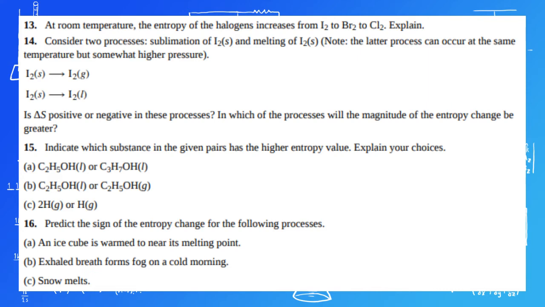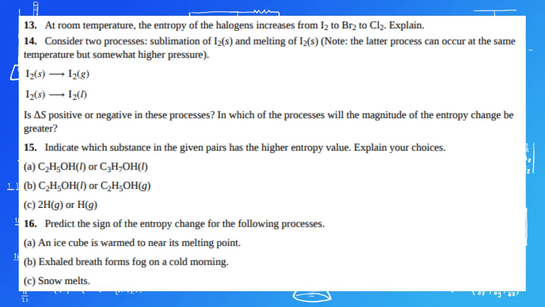Gases and liquids both have more entropy than solids in general. In which of the processes will the magnitude of the entropy change be greater? From solid to gas is a much bigger entropy change than from solid to liquid. I can't talk today.